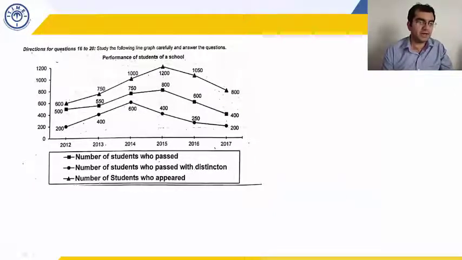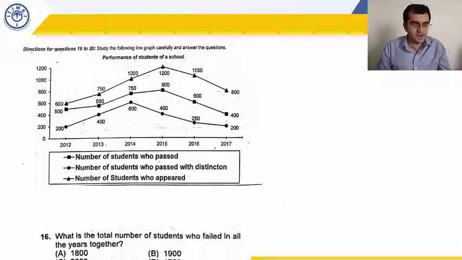And the number of students who failed in 2015 would be 1200 minus 800, that is 400. And passed without distinction will be 800 minus 400, that is 400. Okay, so now that you have understood the data, let's move to the first question.